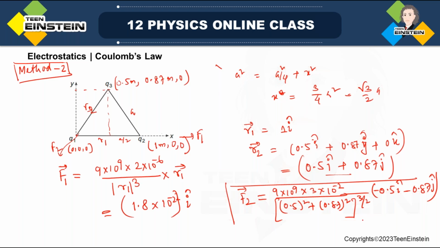So ultimately if we calculate, we'll get this force as 0.45 I cap minus 2.349 J cap, whole into 10 to the power minus 2 Newton. Okay, I'm sorry, this is actually the sum one.